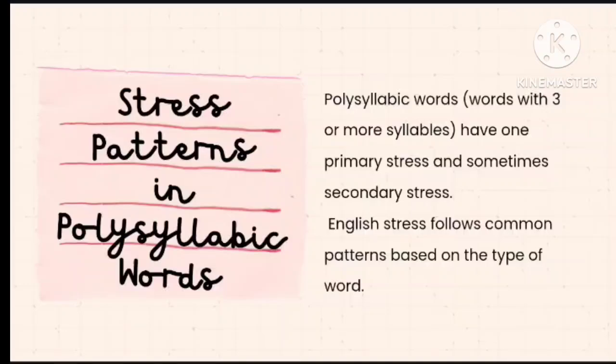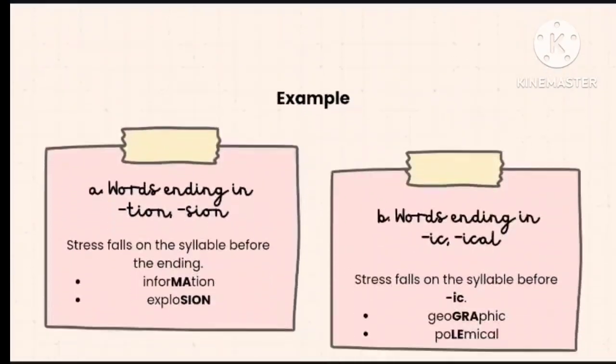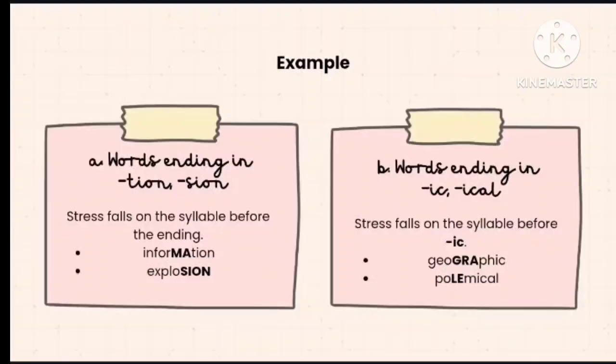Okay, the next slide. Now let's scale up to polysyllabic words, words with three or more syllables. These words have a clear primary stress and often a secondary stress. The good news is that English has common patterns based on word endings, or suffixes. For example, here are two classic patterns.